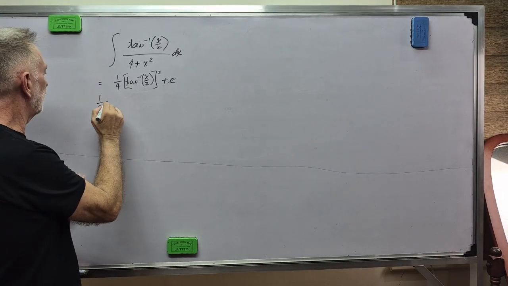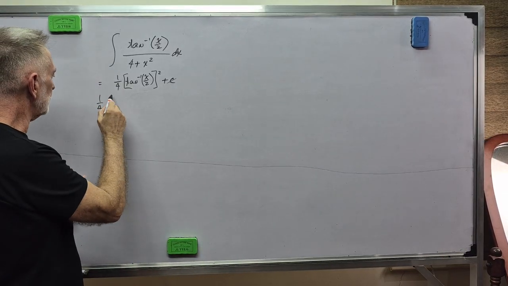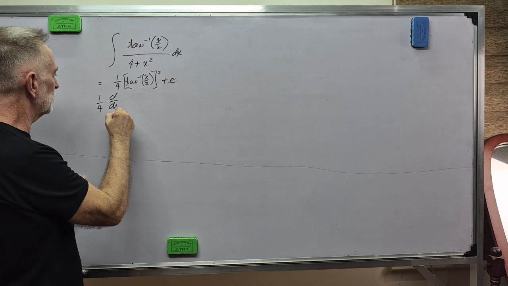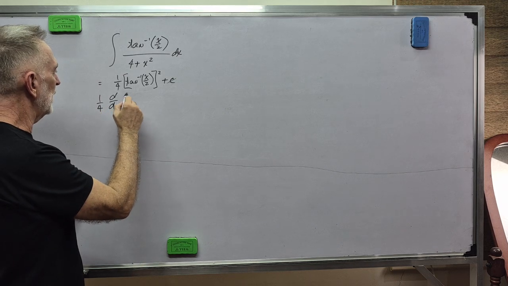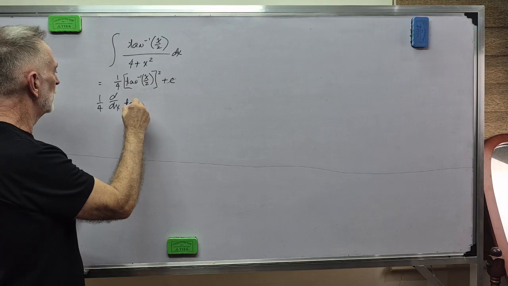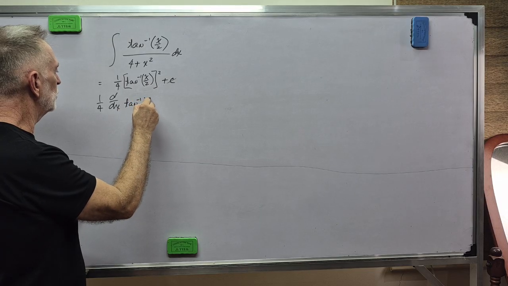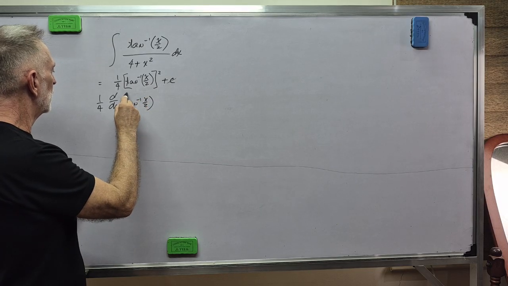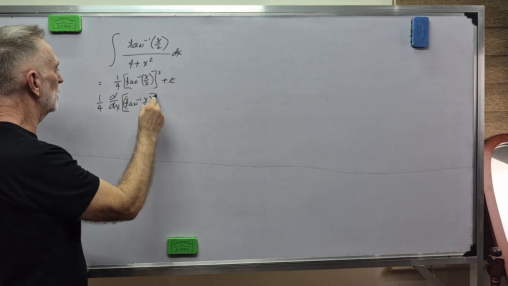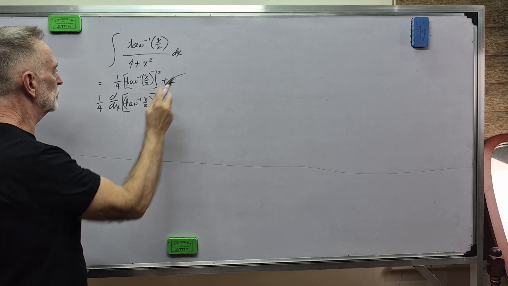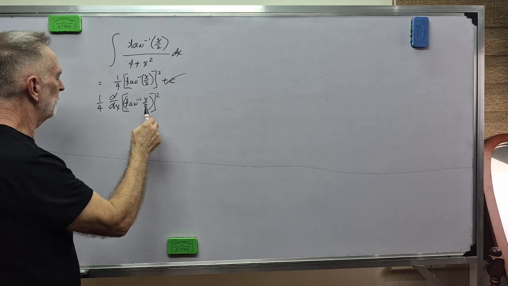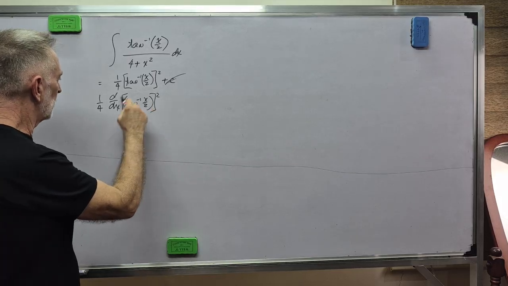All right, so let's do that. Let's take that 1/4 to the outside. Now the derivative with respect to x of tangent inverse x over 2, squared. The derivative of a constant is 0, so we'll wipe that out. Now let's bring the 2 down.